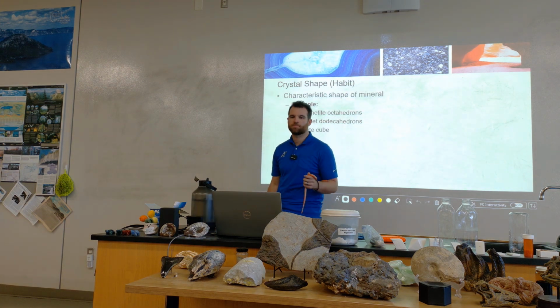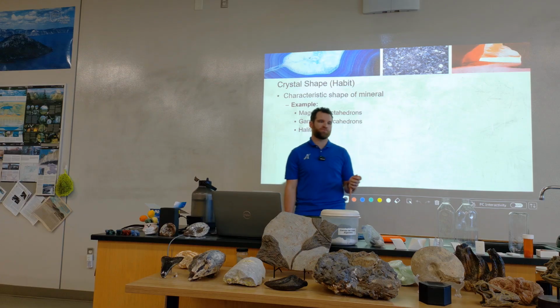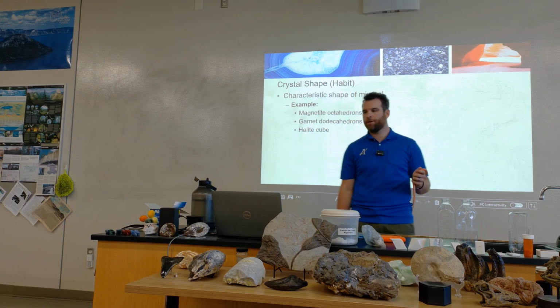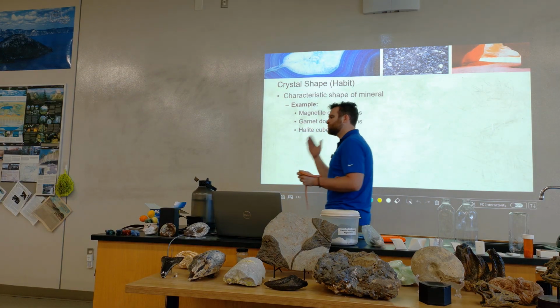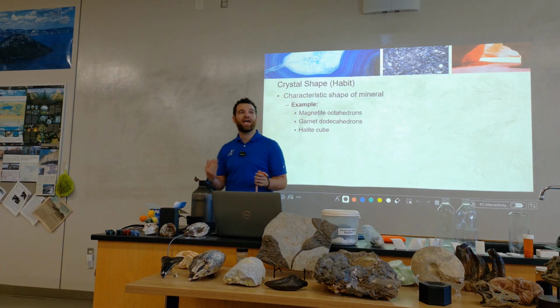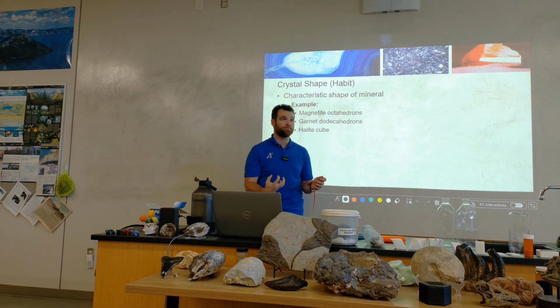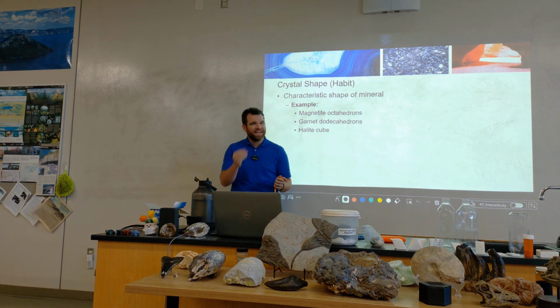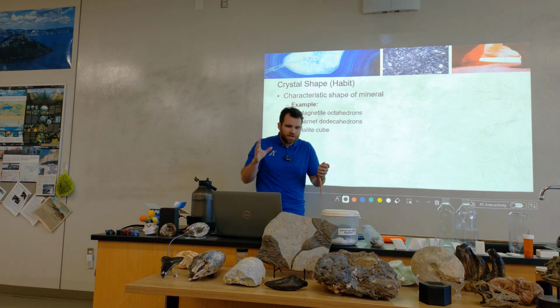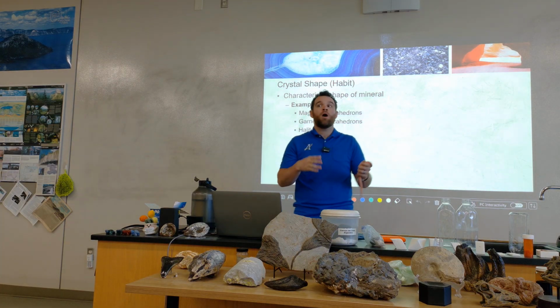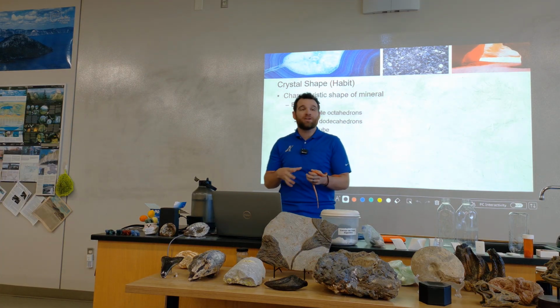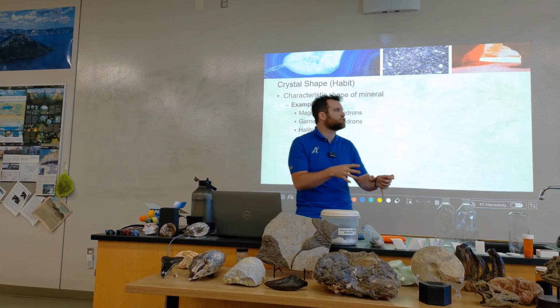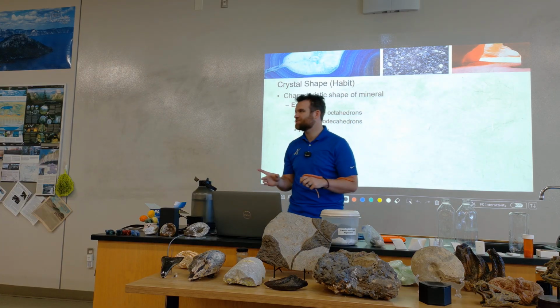All right. Crystal shape, also known as form, also known as habit. This is the natural shape it grows into. As my chemical bonds are forming, making this mineral, at the microscopic scale, they are going to keep piling onto each other, replicating over and over in larger form what the geometric shape of those atomic bonds is.